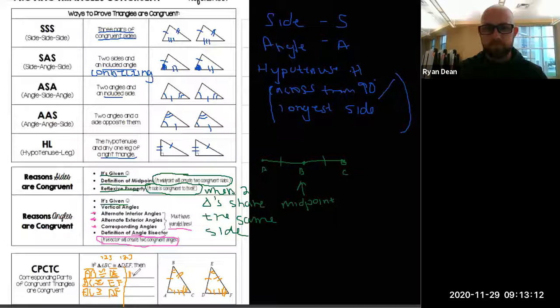And then for these, you would want to make sure that you put your angle symbols. Angle A is congruent to angle D. Angle B is congruent to angle E. And then angle C is congruent to angle F. And then there you go.